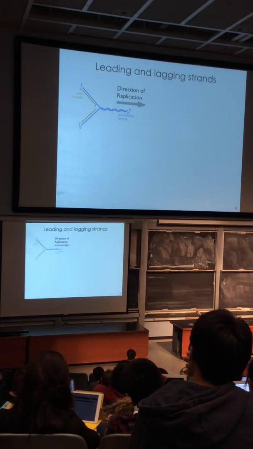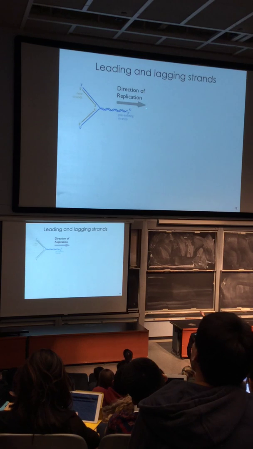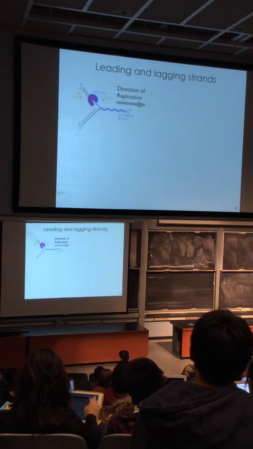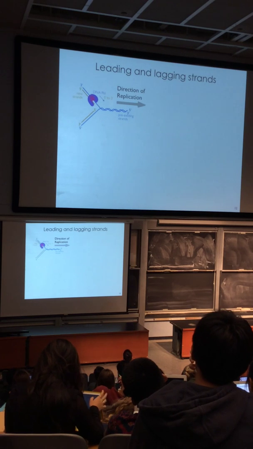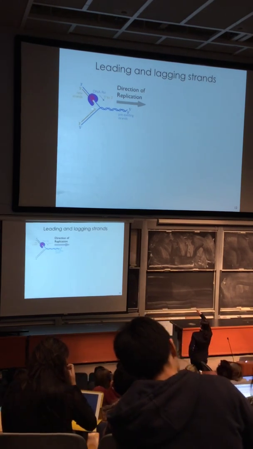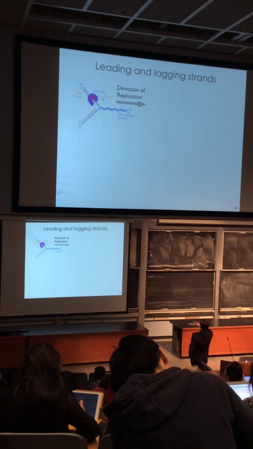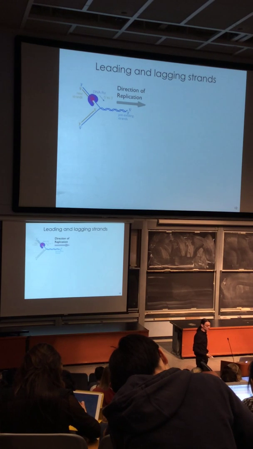And so what that means is that there's one strand where the polymerase can just go 5' to 3' easily and continuously in the direction of replication as the fork grows. The other strand, however, is trickier because 5' to 3' would mean you'd want to synthesize DNA this way. That's the direction of synthesis, but the whole fork is moving this way.